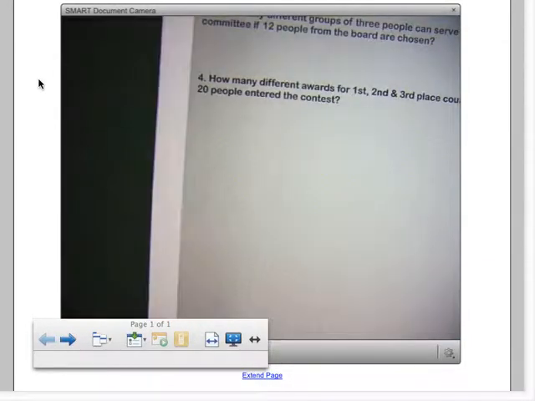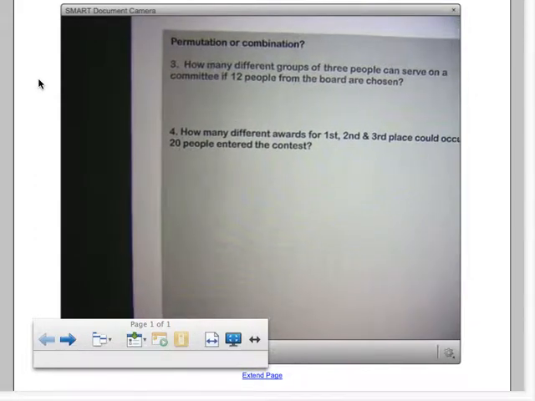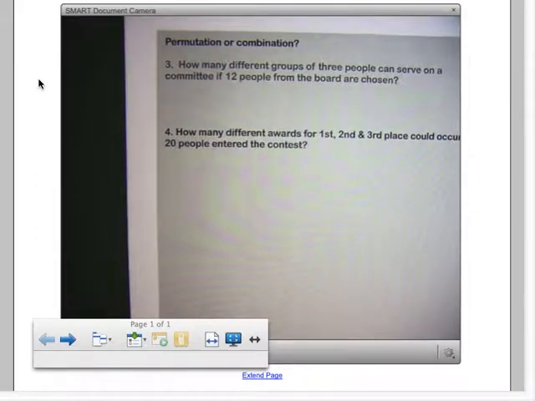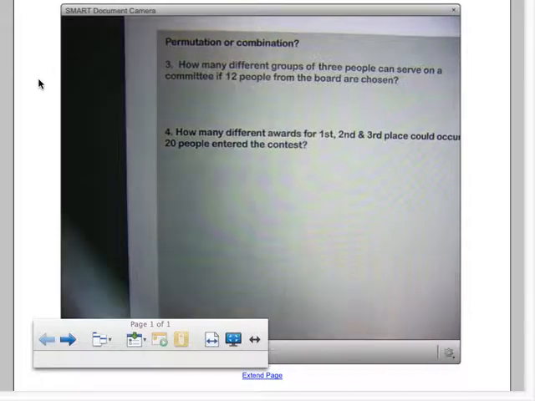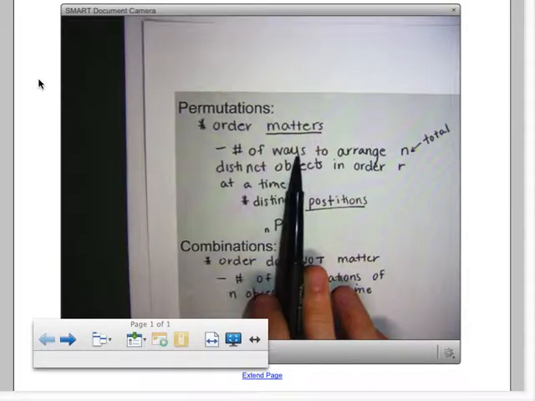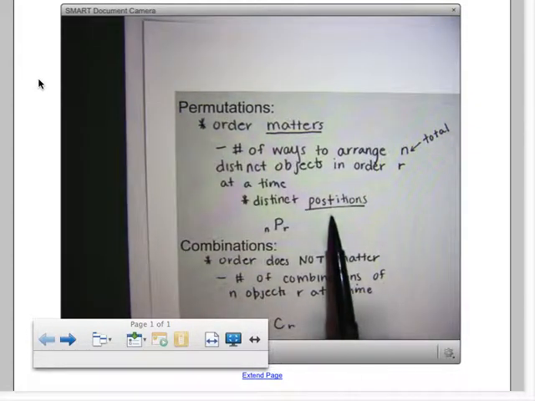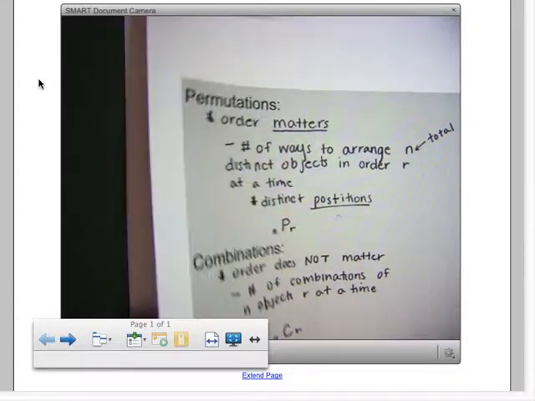Okay, so first thing, we're just going to look at a couple examples and see if they would be a permutation or a combination. So how many different groups of 3 people can serve on a committee if 12 people from the board are chosen? So remember permutation, we said that it was order matters and there's distinct positions. Combination, order does not matter.